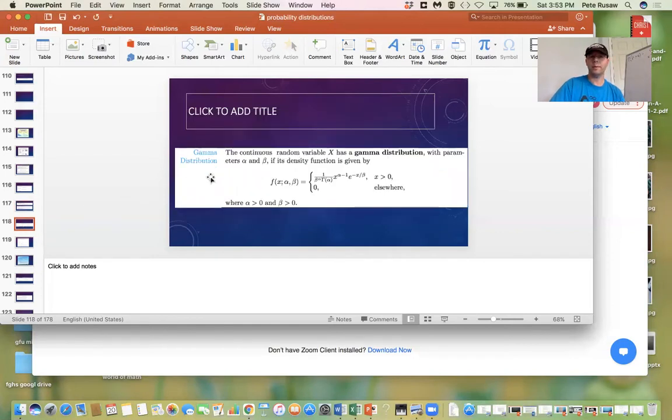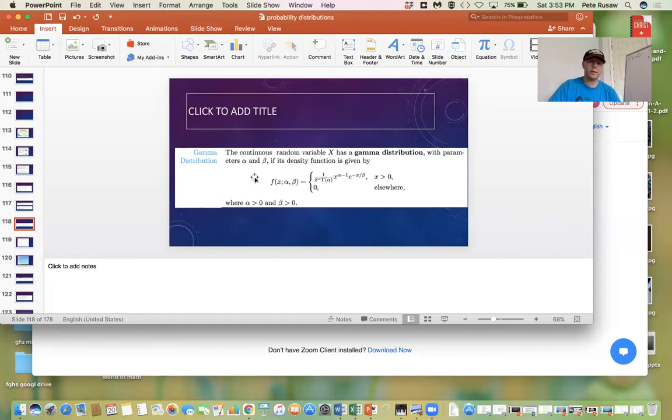This is actually the gamma distribution. This is a density function that you can see has the gamma function within it, but the gamma distribution is structured such that the area under this for positive x's is 1 based on these different parameters or constants alpha and beta.